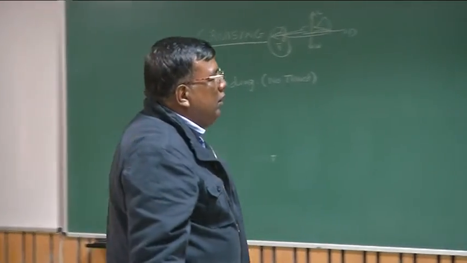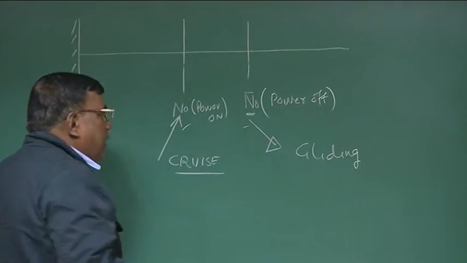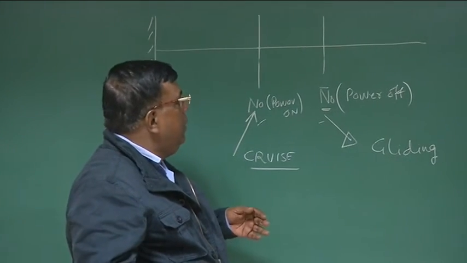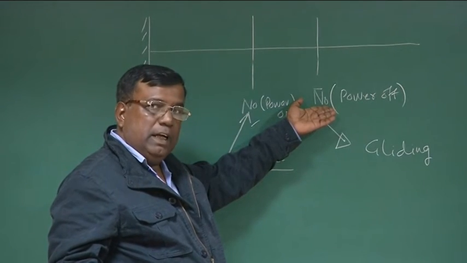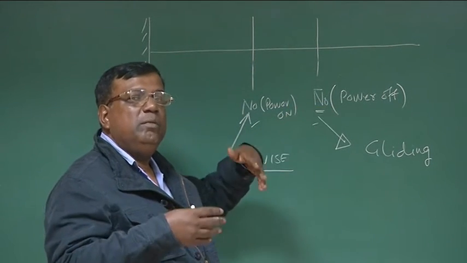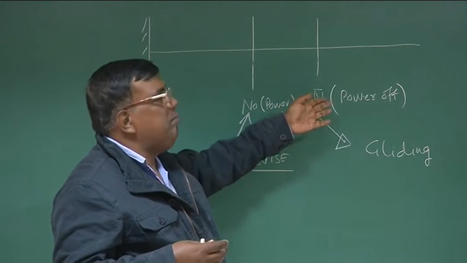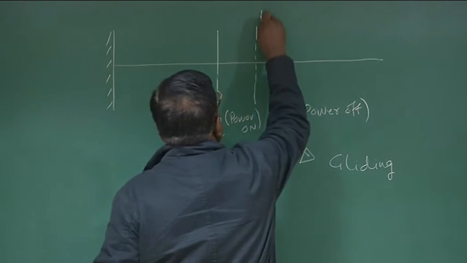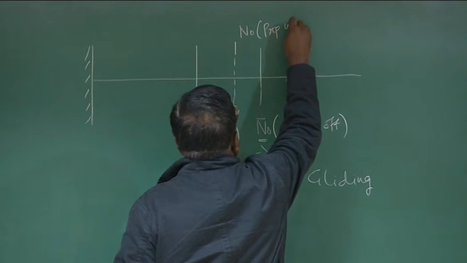So that is called propeller windmilling. So you could understand propeller windmilling will be more stable or less stable compared to power off? Power off is the most stable case. The moment it is windmilling for a nose-mounted engine, it will be less than power off. So it will be somewhere here, I say N naught propeller windmilling.